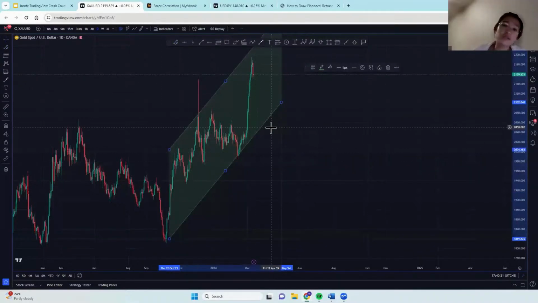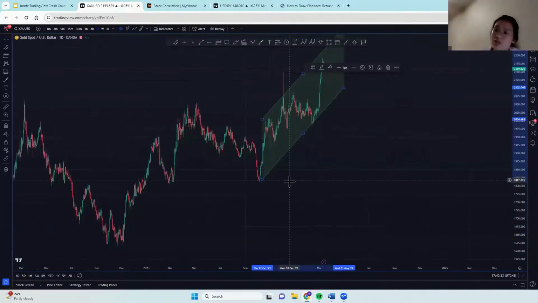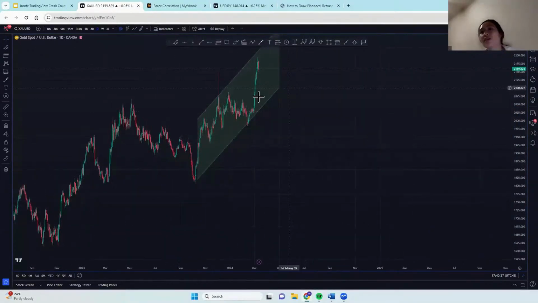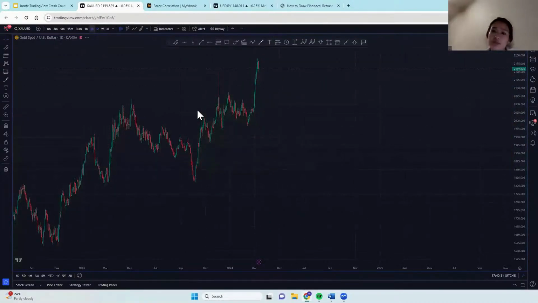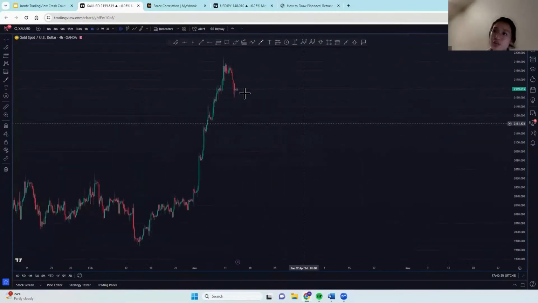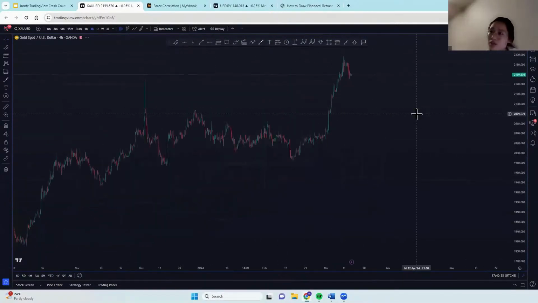Okay, but this is obviously not a valid trend channel since we don't have at least 2 touches. But we can all agree that it is moving in an uptrend. Now in our 4 hour time frame, you can see price has started to drop.